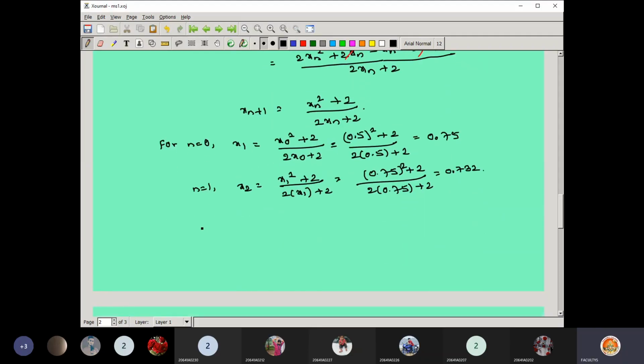So you go for n equal to 2. So that you are getting x3 equal to x2 square plus 2 divided by 2 into x2 plus 2. So x2 square means 0.732 square plus 2, total divided by 2 into 0.732 plus 2. Nothing else, we are just changing the value in that formula.